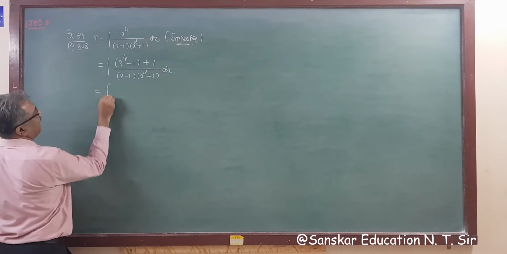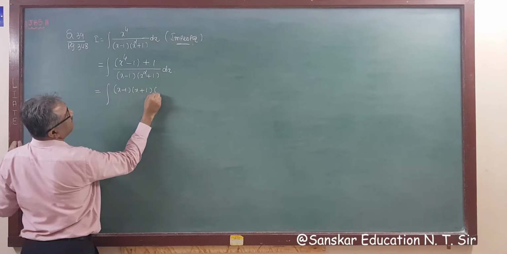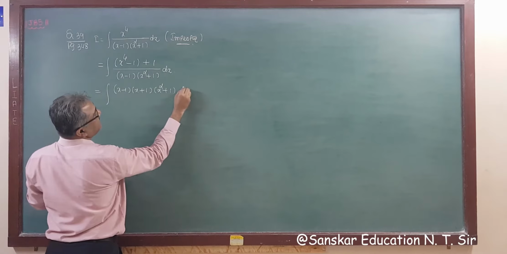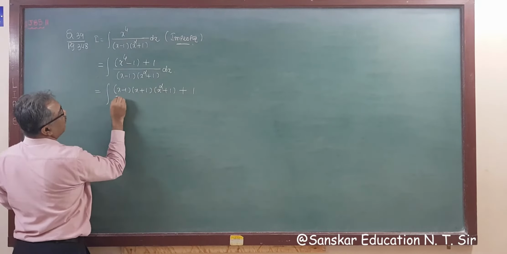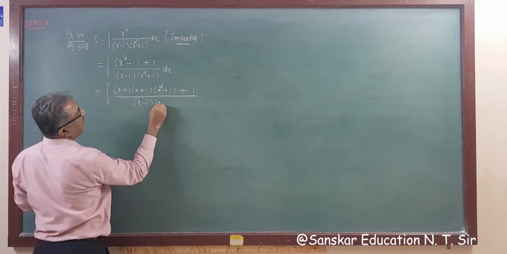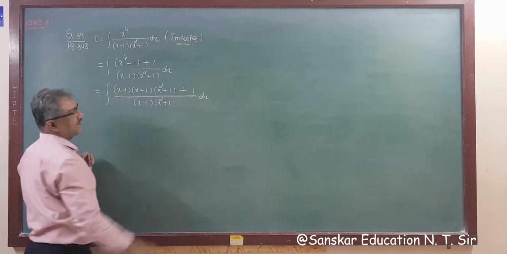So I am writing the factors x minus 1, x plus 1 and x square plus 1, right? And this is plus 1, this whole upon x minus 1 and x square plus 1 dx.